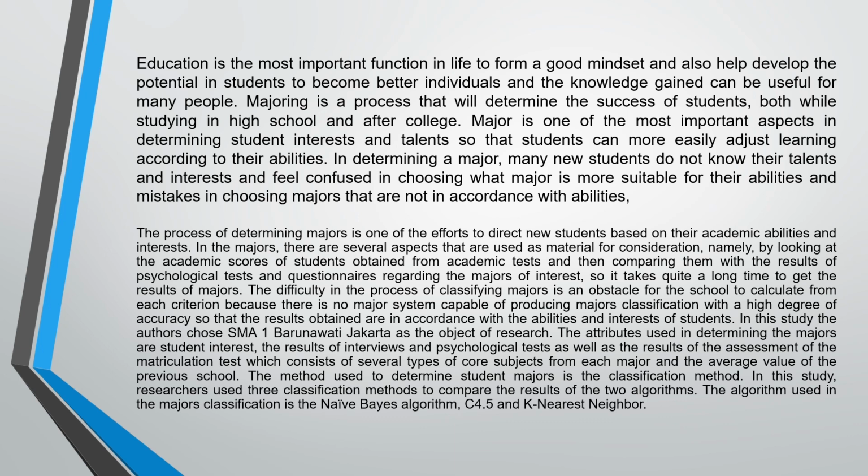In the majors, there are several aspects that are used as material for consideration, namely by looking at the academic scores of students obtained from academic tests and then comparing them with the results of psychological tests and questionnaires regarding the majors of interest. So it takes quite a long time to get the results of majors.